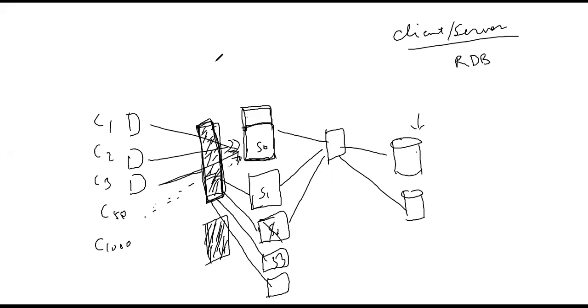Now we have RDBMS, and nowadays we talk about NoSQL databases. So what is the benefit of RDBMS? Can anyone quickly talk about it? So we have a defined schema, right?